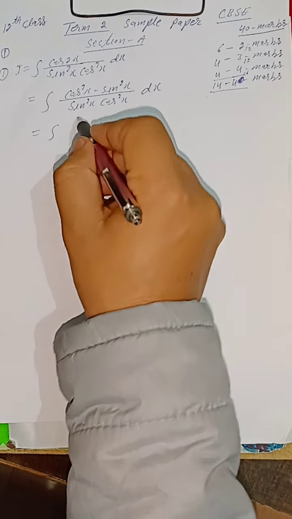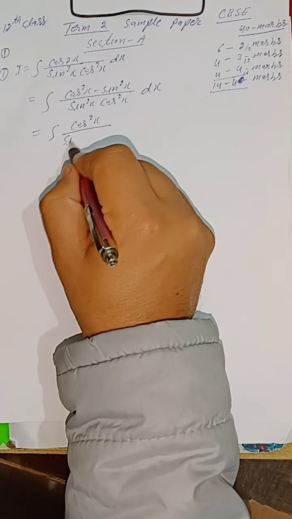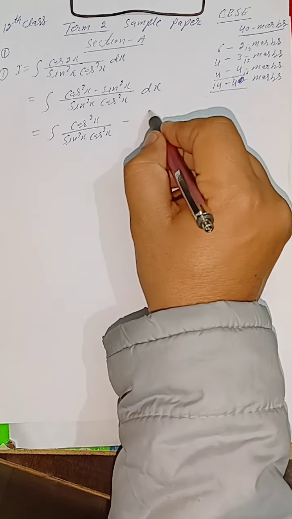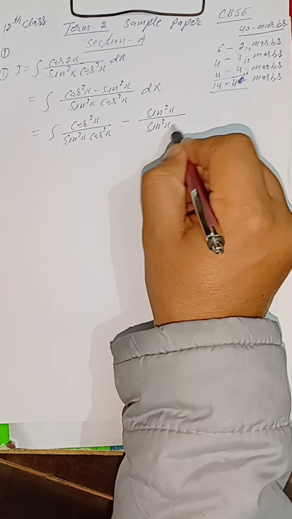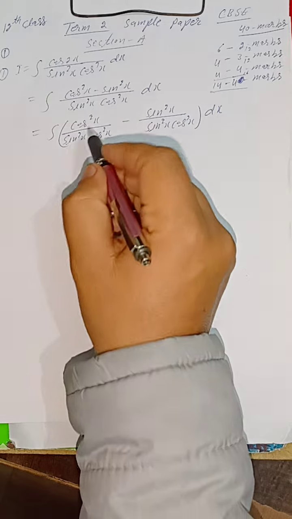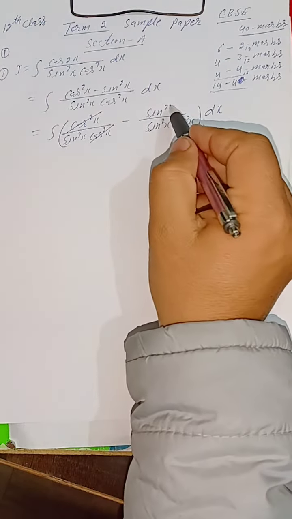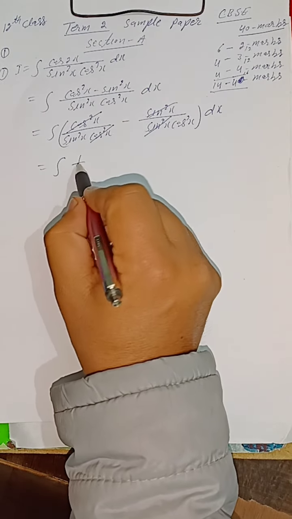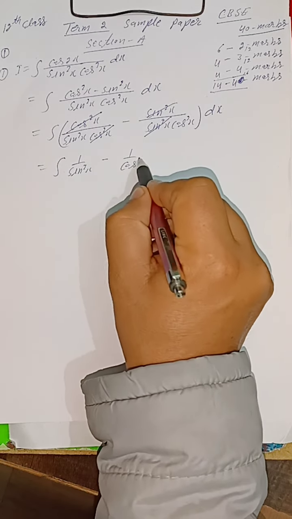In next step, we'll divide cos square x minus sine square x upon sine square x cos square x. Here we cut cos square x by cos square x and sine square x by sine square x. So we have 1 upon sine square x minus 1 upon cos square x.